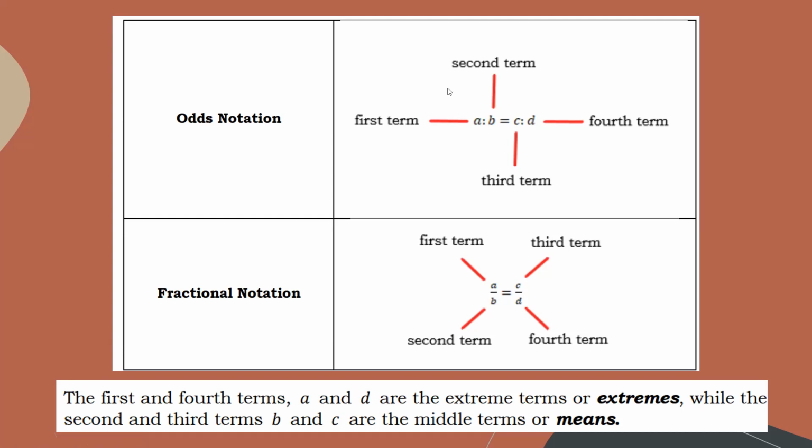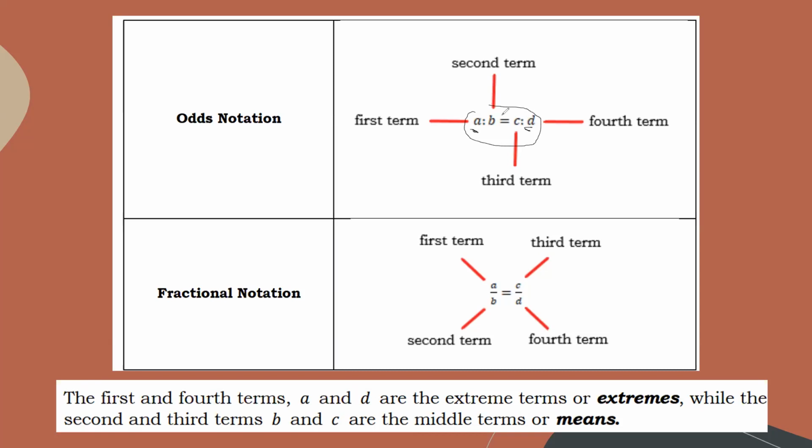Okay po. Pero sa pagkakataong ito, yung A at D, pinakamadaling makita yon sa colon notation. Yung A at D ang nasa parting labas: pinakalabas na kaliwa ang A at pinakalabas na kanan ang D. So ang tawag po natin sa A at D ay extremes.